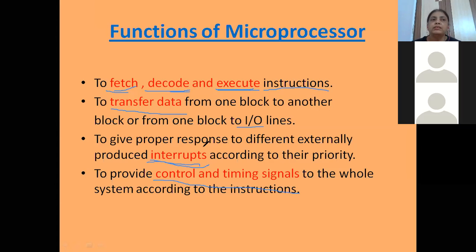Otherwise, the microprocessor will do its own work and will not see what is happening with the input and output devices. If input wants some response from the microprocessor, it needs to stop the microprocessor. The microprocessor is stopped by the peripheral with the help of interrupts.